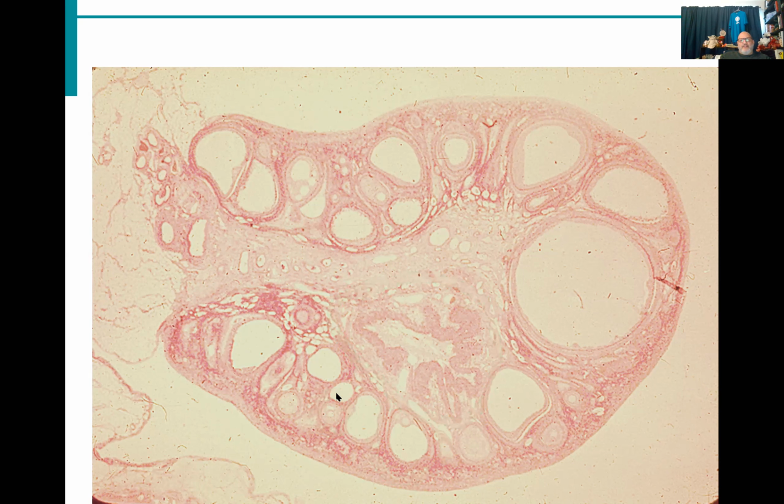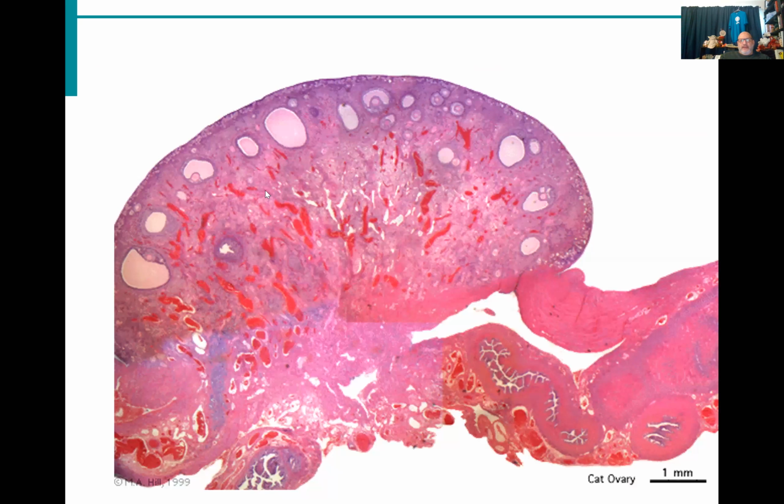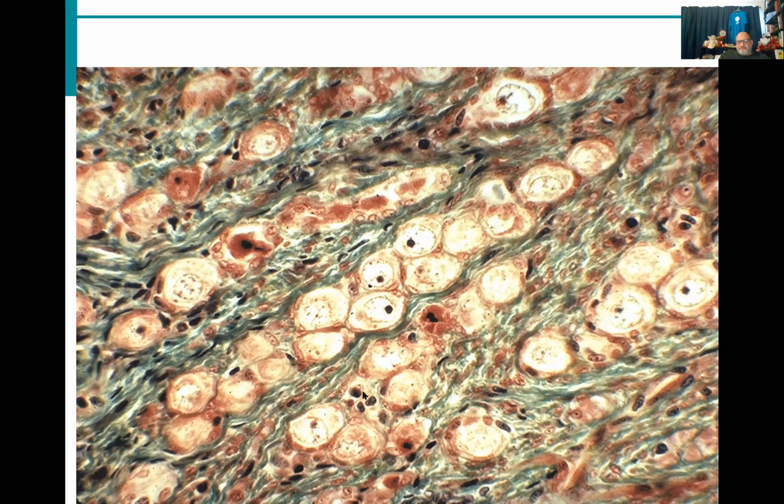Notice we can see a lot of these things on this particular one. Here's actually a cat ovary. Some more examples, another one. But let's look at some more precise examples. Identify this entire structure.